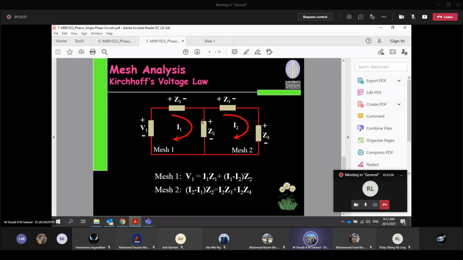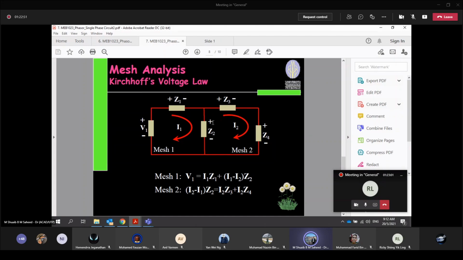So it will be positive Z2 bracket I1 minus I2, I1 minus I2 multiplied with Z2, and then you complete the mesh. Negative V1 equals 0. So you move your V1 to the other side, it becomes V1 equals I1 Z1 plus (I1 minus I2) Z2. Okay, straightforward. And then you can move into your second mesh.